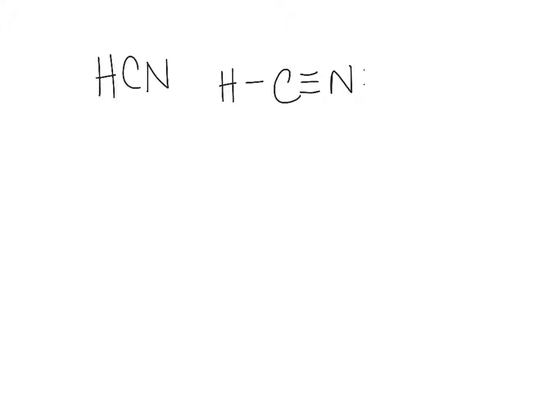This is an example of a molecule that contains a triple bond. Carbon is triple bonded to nitrogen. So basically, carbon has a total of 4 valence electrons, correct?